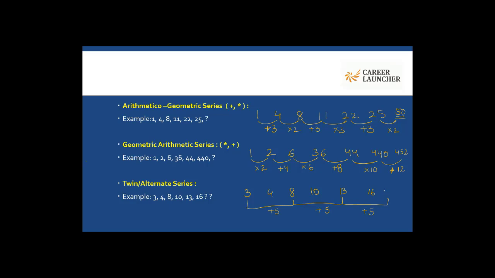And the alternate numbers are following another series. Here I am adding plus 6. 10 plus 6 is 16. So the other number in this series would be 22. So this is an example of twin or alternate series, where alternate numbers are following one series and the other set of alternate numbers are following another series.